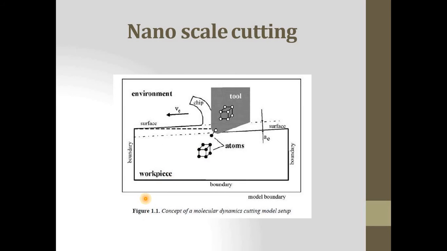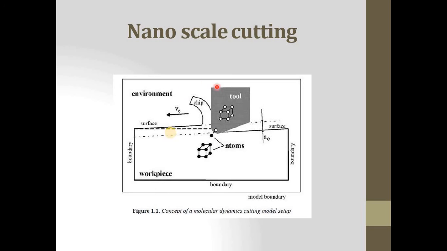This figure 1.1 shows a general description of the often applied concept of MD cutting process simulation, that is the orthogonal condition, and it includes the essential elements of molecular dynamics modeling.